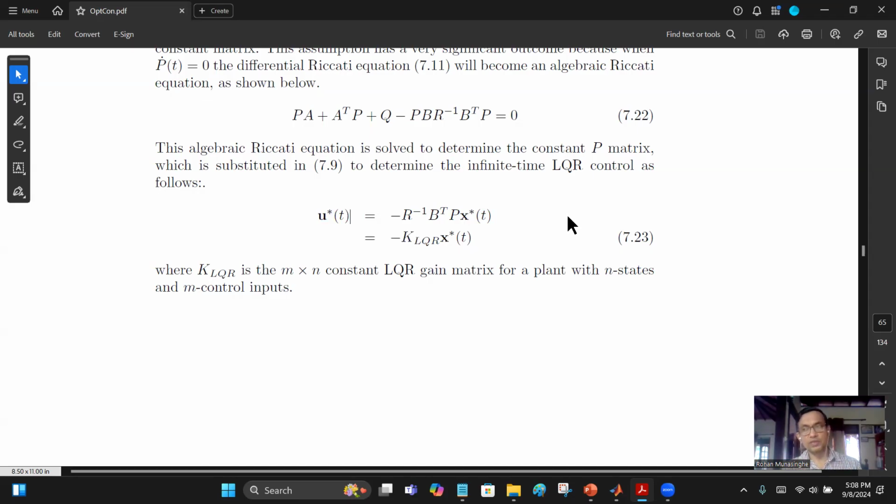So before you can use this equation, you first calculate P, then calculate x star, then calculate u star. Everything offline. This is still not a feedback. You can use this as a feedback once you design this one. You can simply plug it in there and get x star, and generate the control signal.